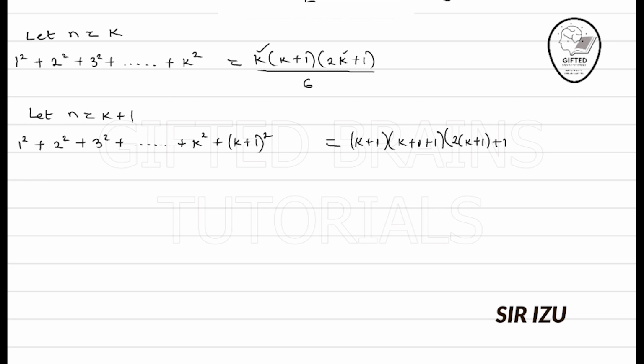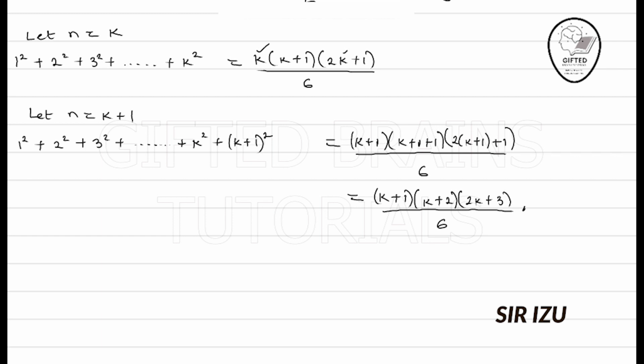Instead of scrolling up to see the equation that has the n, we can just use this directly. At the end of the day, if you simplify this right hand side, you will have k plus 1, and then k plus 2, take note, and then finally 2k plus 3 all over 6. And so this is what we would have.